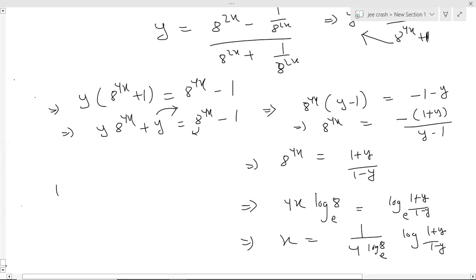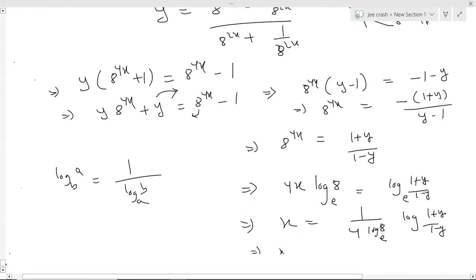Now there is a property of log a base b. If you take the reciprocal of this, base and exponent change. So x equals 1 upon 4 log e base 8 of log 1 plus y upon 1 minus y. So this is the option.